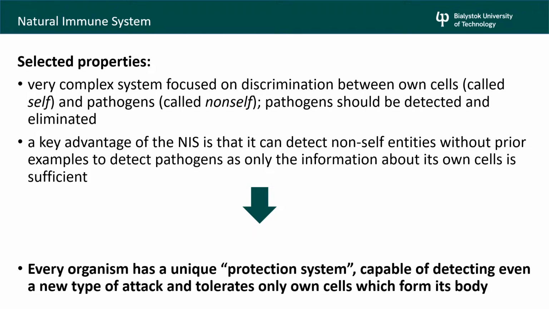In the immune system, each body, each organism has a unique protection system. So it is not possible to download a database of signatures. We need to learn about our environment where we exist.